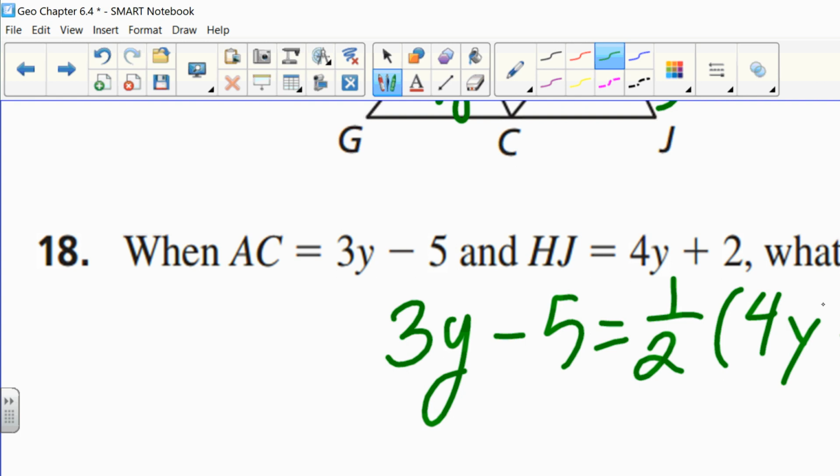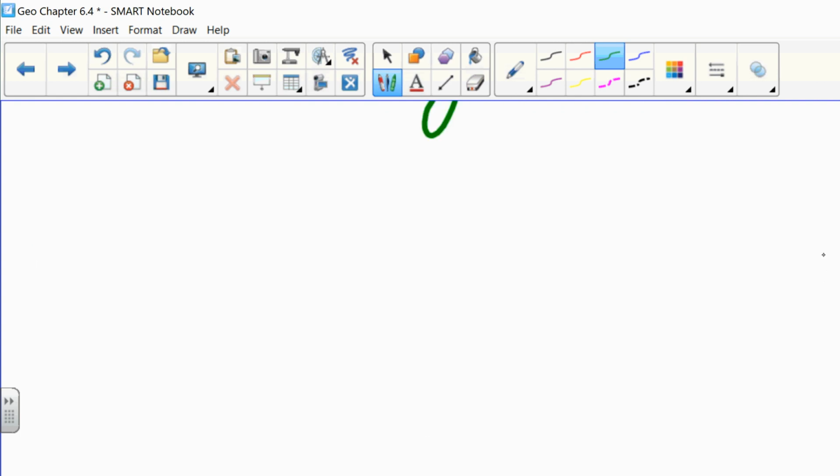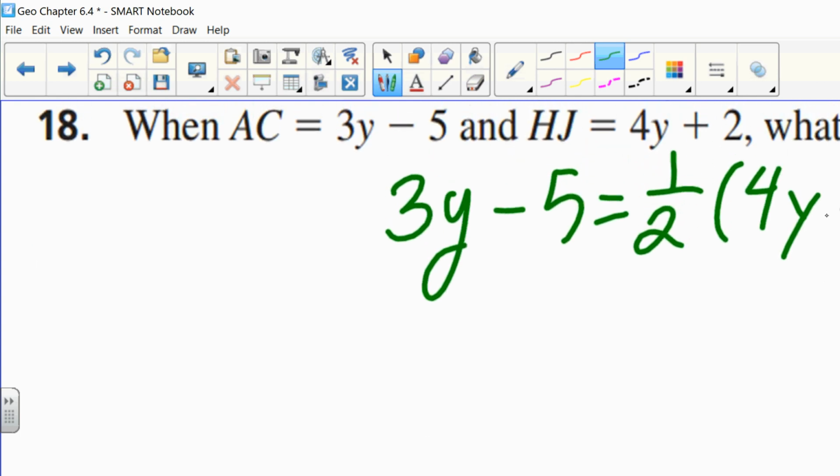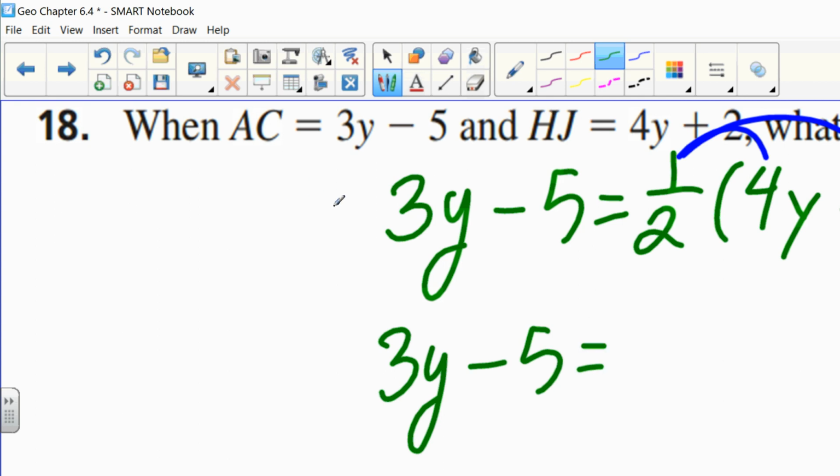And the first thing we would need to do is to distribute the 1/2, which would tell us that 3y minus 5 is equal to 1/2 times 4y, or 4y divided by 2, which is 2y, and 1/2 times 2 is plus 1, because 2 divided by 2 would be 1.